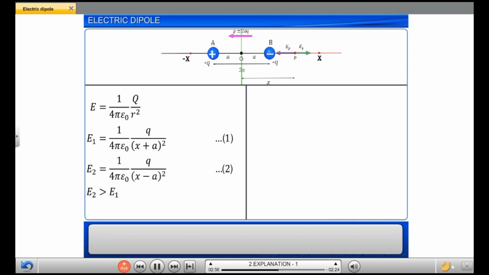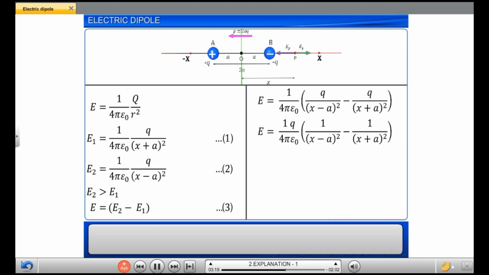Hence, the magnitude of the resultant electric field strength E at the point P is equal to E2 minus E1. Let this be equation 3. The direction of the resultant field strength at the point is in the direction of E2.